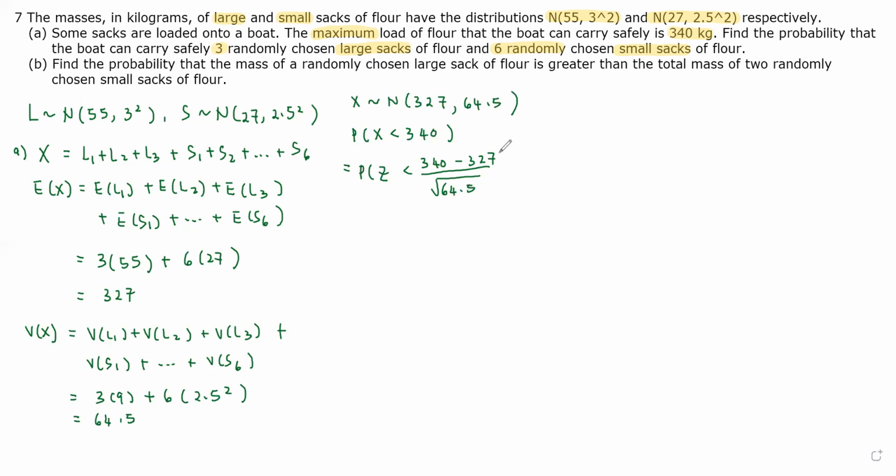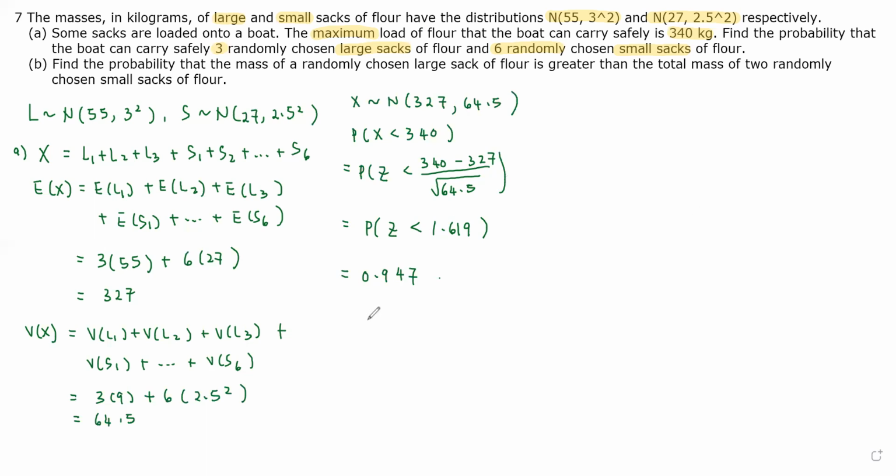So we have to take the square root of 64.5. And this gives us a value of 1.619. We can get this value directly from the standard normal table, which is 0.947.